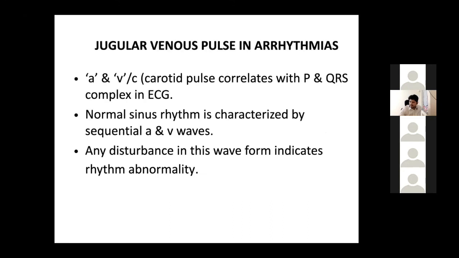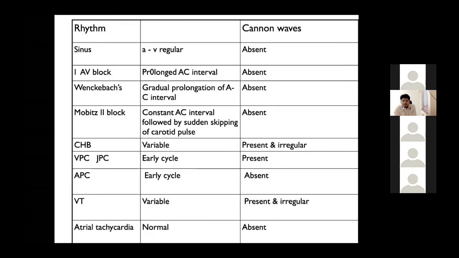Now, in arrhythmias, I won't go into much detail because I have already told you before. Arrhythmias are one subset where you have to know the JVP, like complete heart block and ventricular tachycardia with AV dissociation or AV association. I won't go into all the waves, but you should know that in the presence of VT you get regular and irregular waves. In VT with AV dissociation you get irregular cannon A waves and tachycardia.